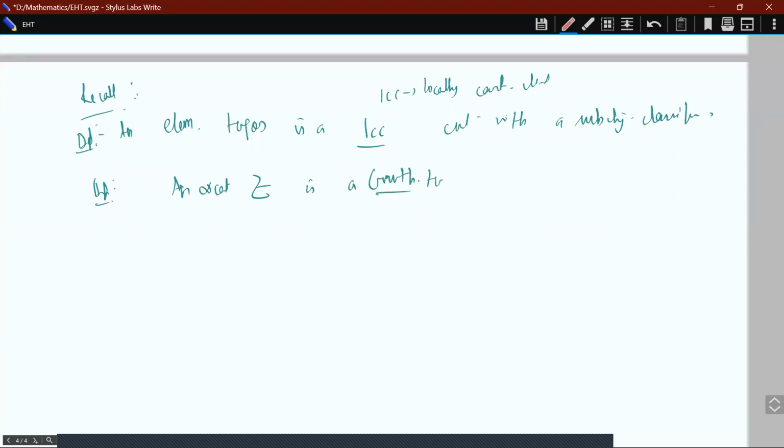a Grothendieck topos if there exists a small category X and an adjunction of this form.